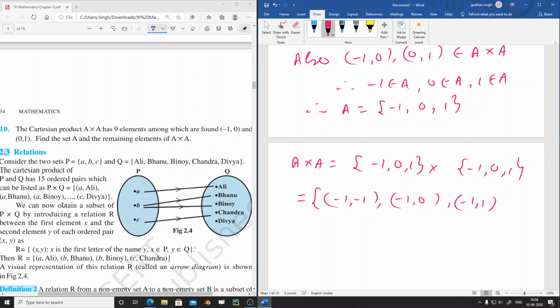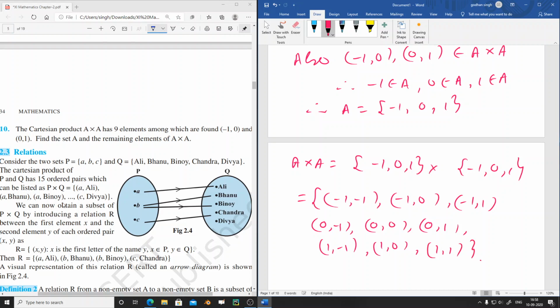Then in the same way we will pair 0 with the other elements of the second set. So we will get (0, -1), (0, 0) and (0, 1). Then we will pair 1 with the other elements of this set. So we will get (1, -1) and (1, 0) and (1, 1).